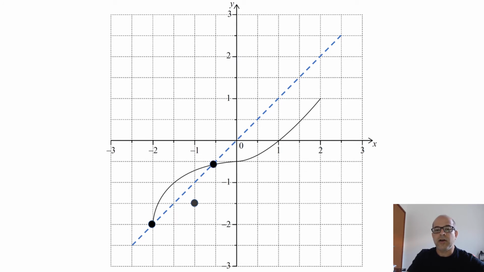Another point that we know for sure is this one, and its reflection is that one. One more point: its reflection is this one, and now we know the shape of the graph. We just draw a line, and then we have the reflection of the graph of f.